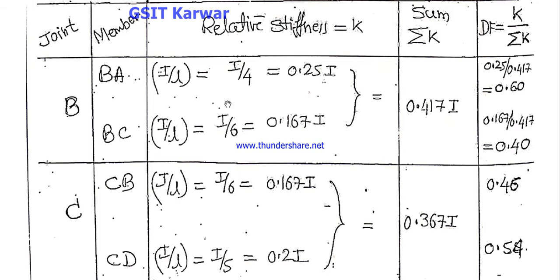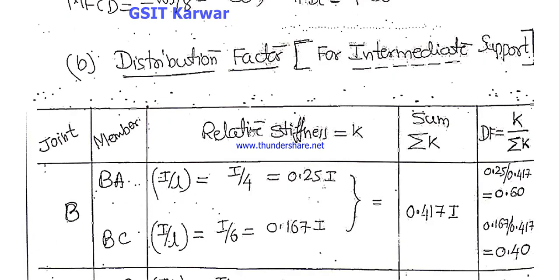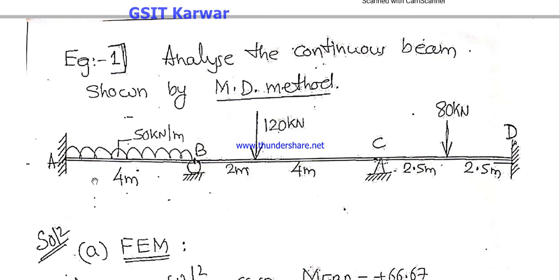See here, the relative stiffness we are going to use is I by L. Why I by L? Because the support is fixed. If we consider joint B, member BA, you can see in the line diagram of this continuous beam, support A is fixed and support C is a continuous hinged support.